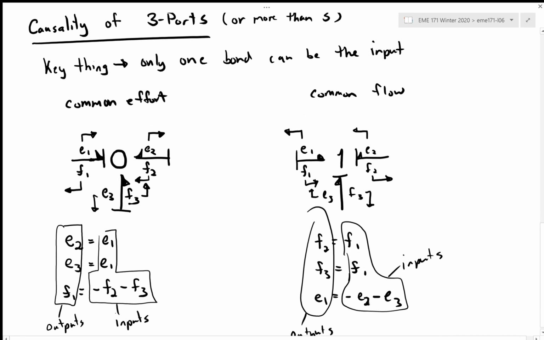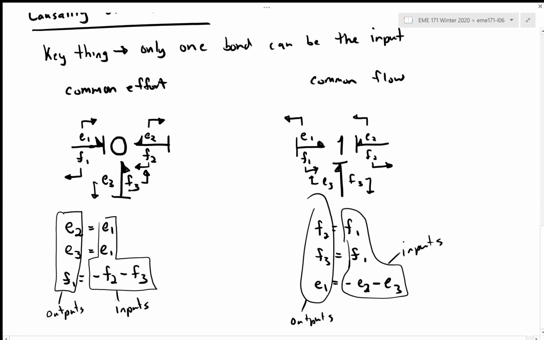So that concludes the basics of causality. There are these rules for the causal strokes for each of the ports that you have to follow. For some of them, for example the source flows and efforts and the 1s and the 0s, there's only one possibility for setting up the causality.